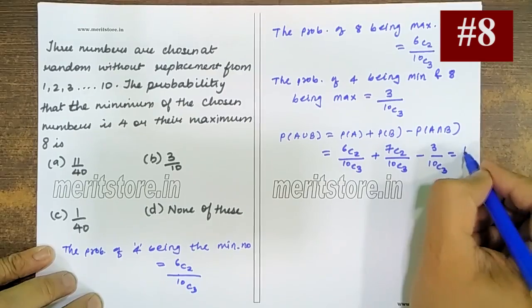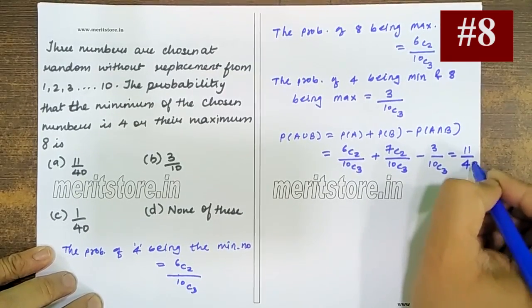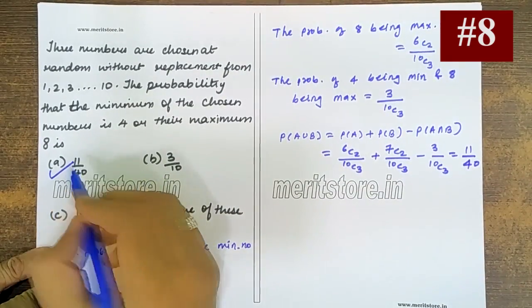After simplifying this, you will get 11 by 40. So here A is the correct answer.